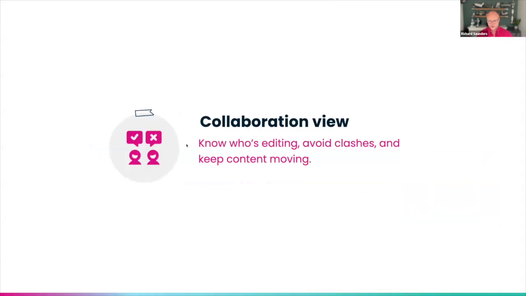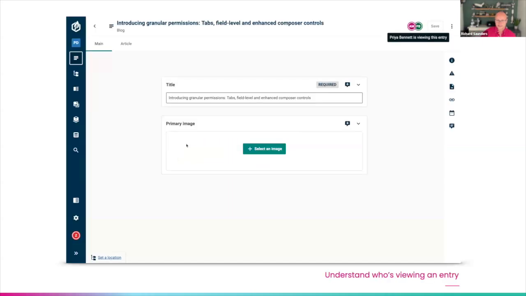So we've introduced a collaboration view, so you get an understanding of who's currently editing the entry. It prevents those clashes that we talked about, and it allows you to carry on. You can still comment in these views, but editing the content is locked to the individual who's currently editing.